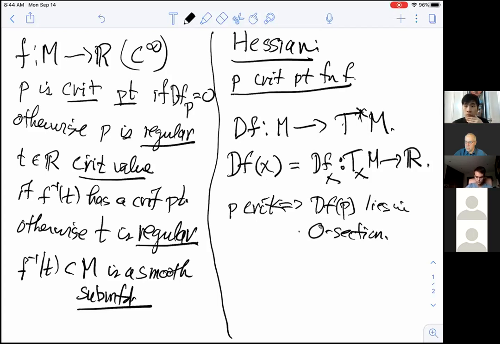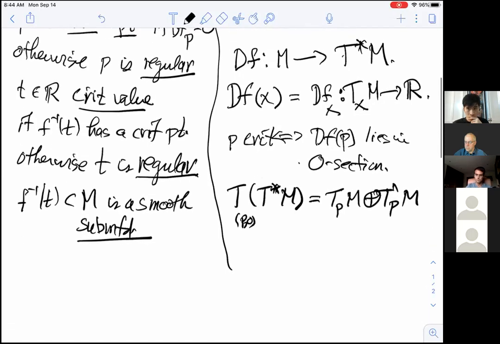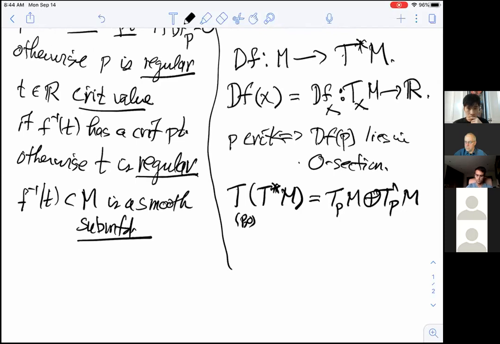Now, if we look at the tangent bundle to the cotangent bundle at a point along the zero section, let's say P0, that canonically splits as the tangent bundle at P of M plus the cotangent bundle at P of M. This is a general fact about vector bundles.